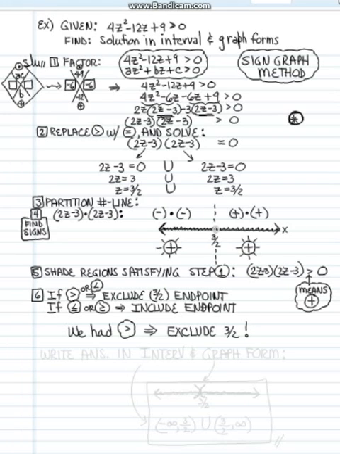So we go back over here, and we can make a round empty circle to indicate that we're not including it. So the last thing we're going to do is write the answer in interval form and the graph form.